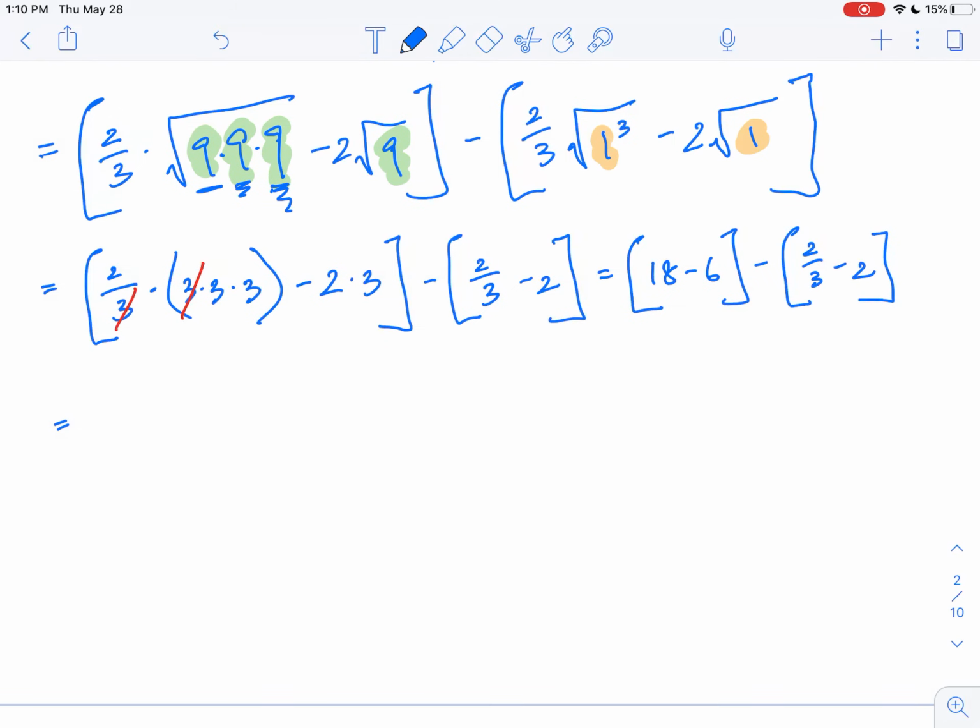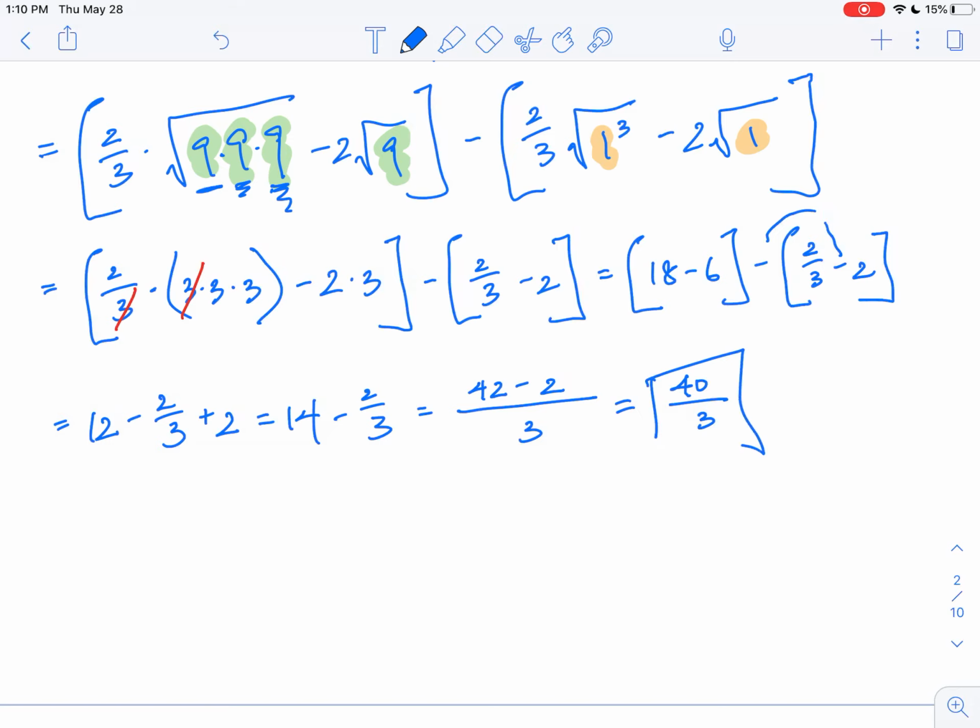And that's going to give me 18 minus 6 is 12, minus 2/3, and then make sure you distribute that negative sign to make it a plus 2. That's going to give you 14 minus 2/3, or if we make a common denominator of 3, we'll get 42 minus 2 over 3, or an answer of 40 over 3.